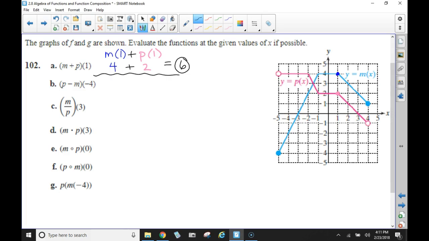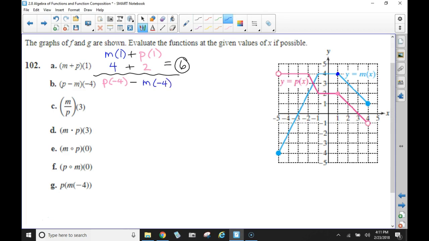All right. I've got a lot going on here. On part B, we're going to do P evaluated at -4, and from that, we are going to subtract M evaluated at -4.